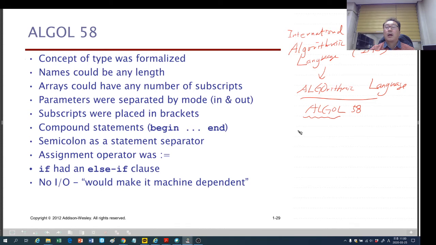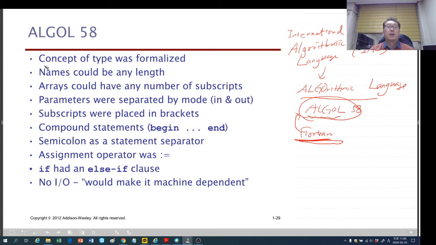So the ALGOL 58 is actually a descendant of Fortran. Therefore it includes many features from Fortran. 포트란에서 발전됐기 때문에 기본적으로 포트란에서 제공한 기능들을 많이 include를 하고 있습니다. So there are many main features.